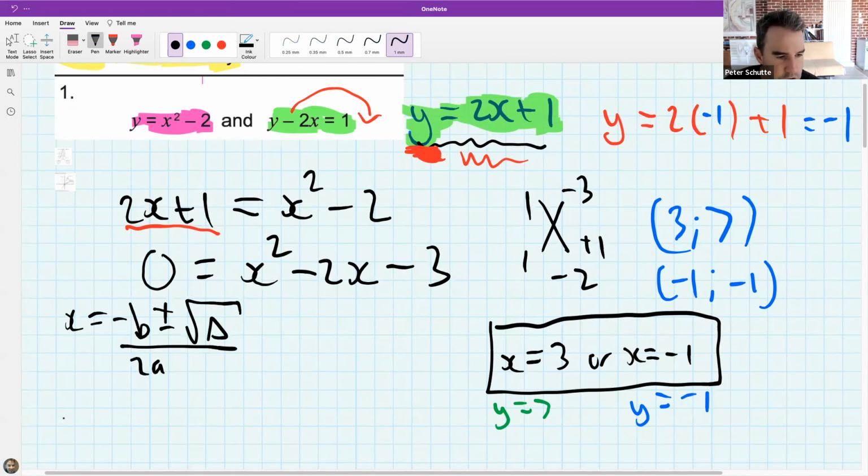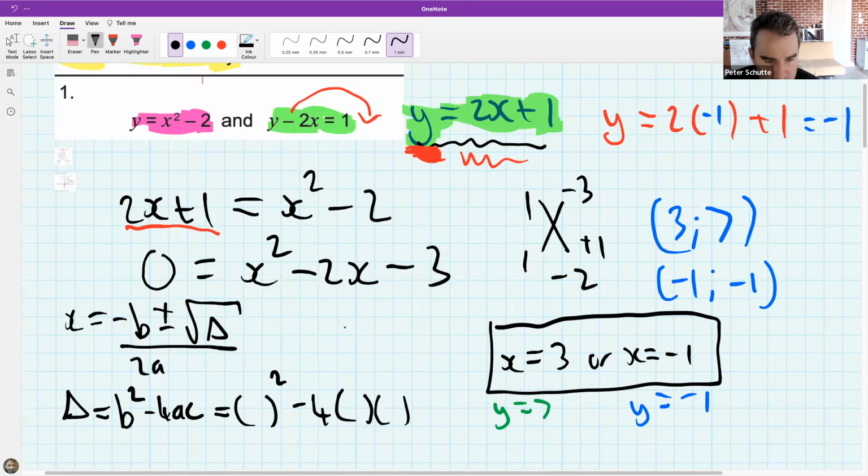First I'm going to find my delta, which is the thing inside, b squared minus 4ac. So a is 1, b is -2, so I go -2 squared, a is 1, and c is -3.